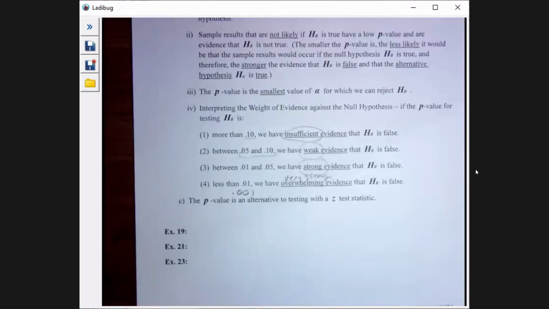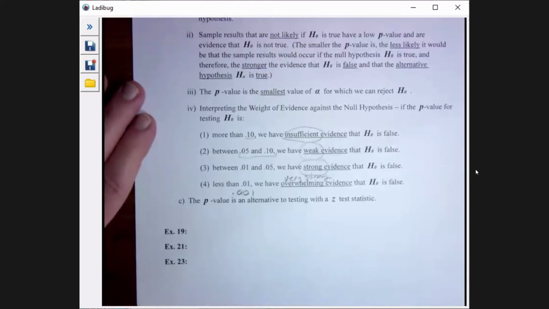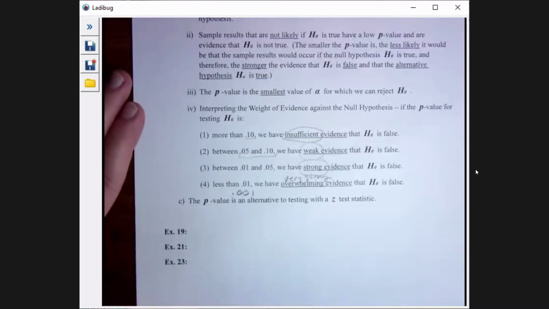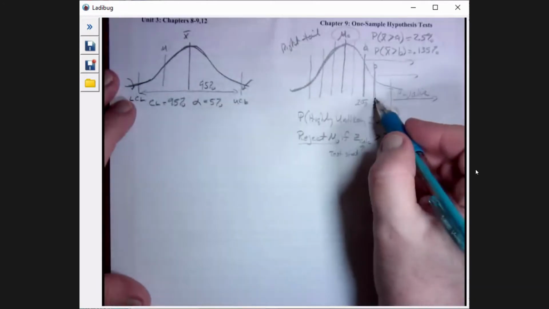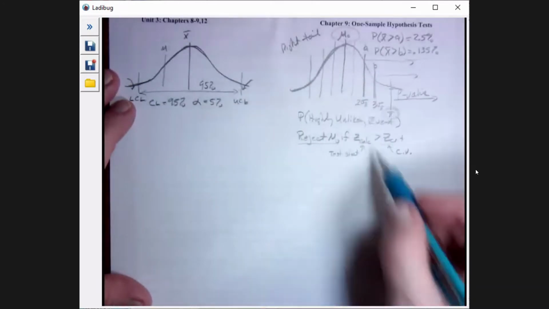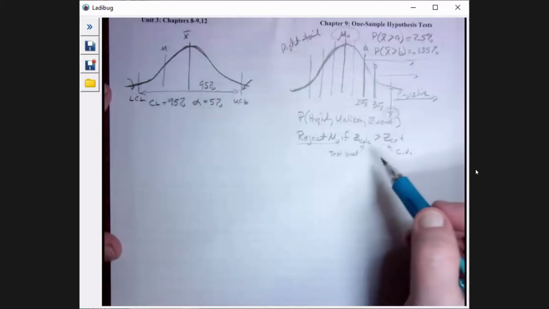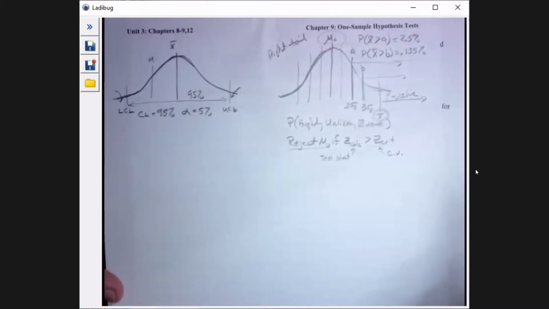So the advantage of the p-value approach is that we get a direct measure of how strong the evidence is. When we do the critical value approach, it's just yes or no, do we reject? That's all we can say when we do the critical value approach.